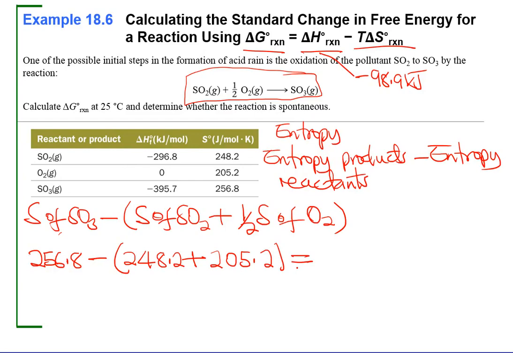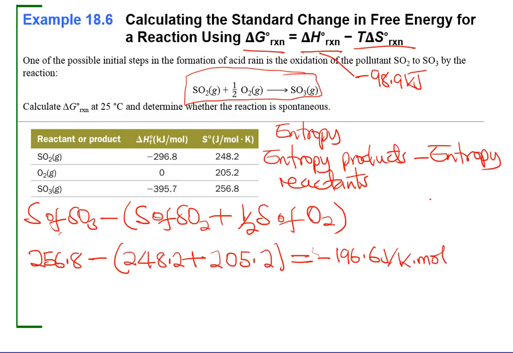In that case, the answer is minus 196.6 J per K per mole.